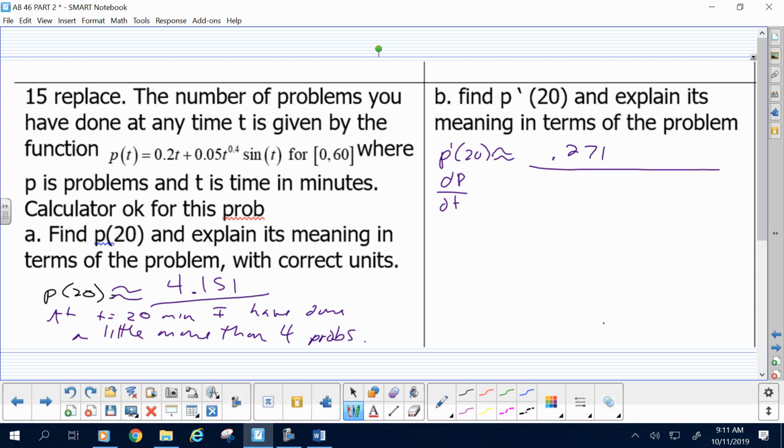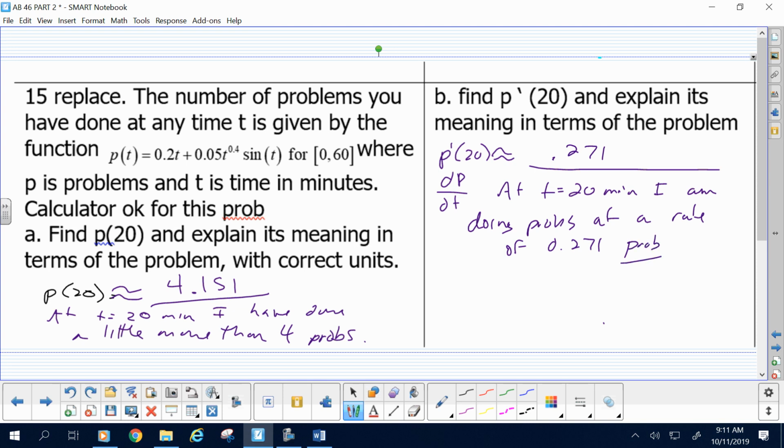So at time equal 20 minutes, I am doing problems at a rate of 0.271 units. dP dt, problems per minute. Okay? At that point, I'm doing problems at roughly 0.271 problems per minute. You follow?